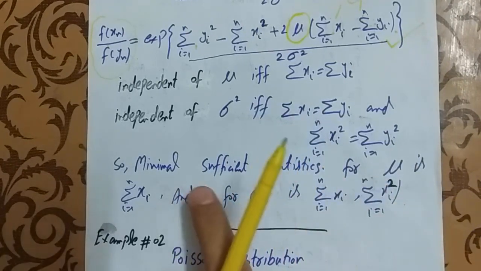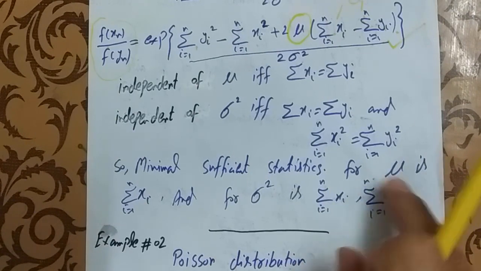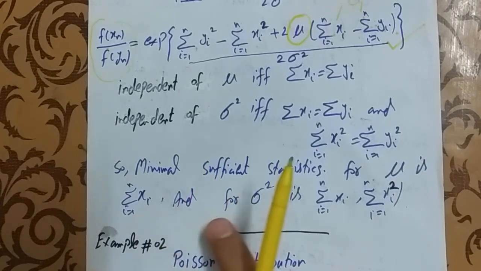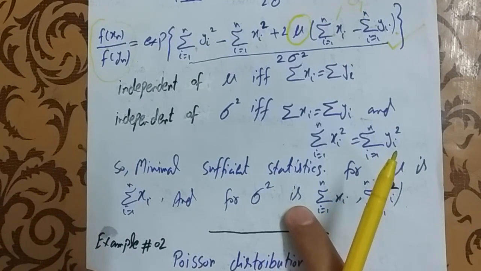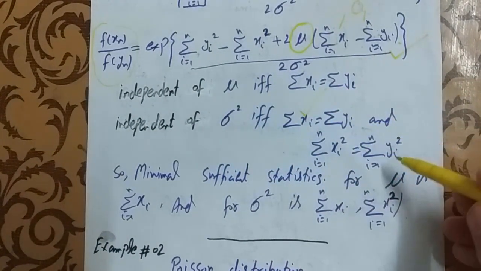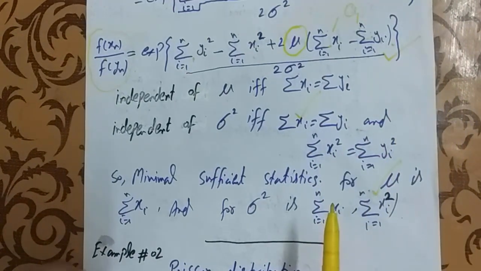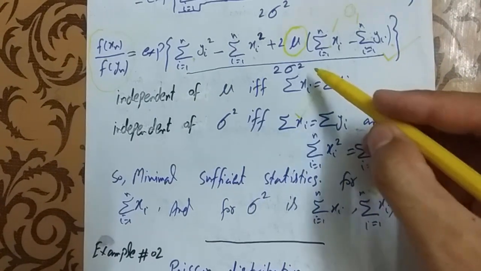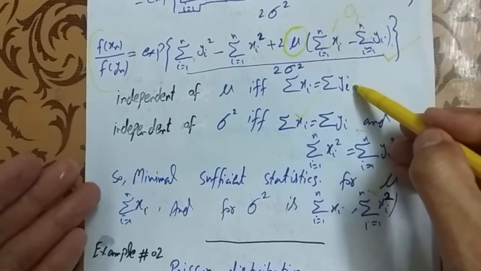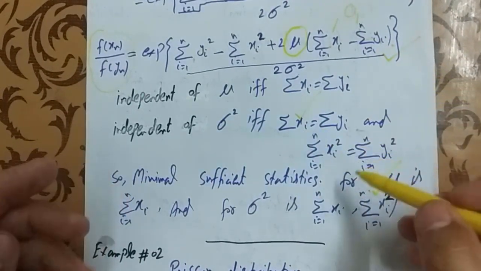So the minimal sufficient statistics, that is our required results, for mu is summation xi, i from 1 to n, and for sigma square it is the summation xi square. We take only one thing from these, that is, we can take xi or yi, and similarly you can take xi or yi in that problem.